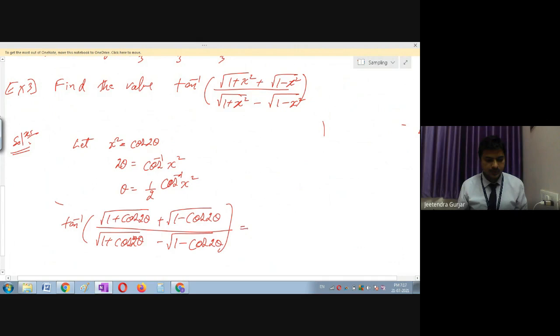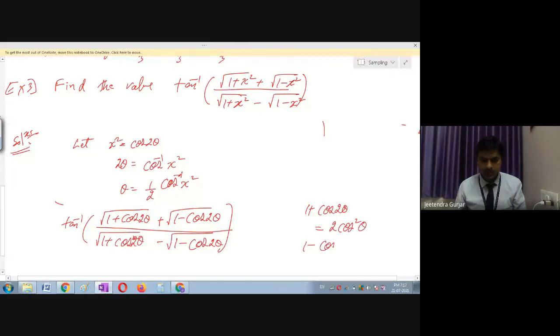Now just simplify. This is tan inverse, so you have to remember the formula here. One formula you have to immediately strike in your mind: 1 plus cos 2 theta is nothing but 2 cos square theta. You have to remember this.